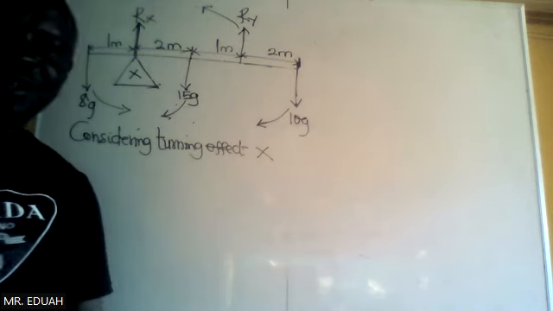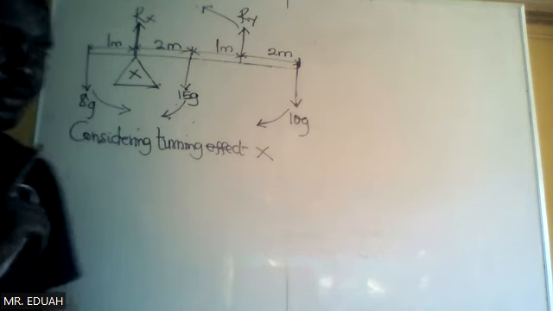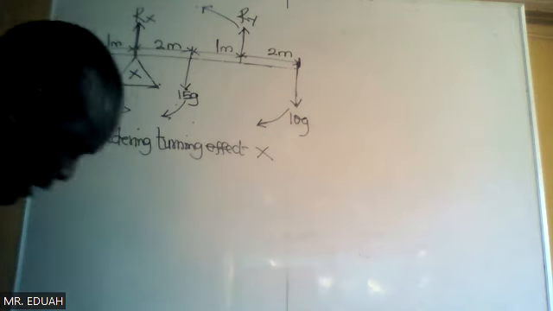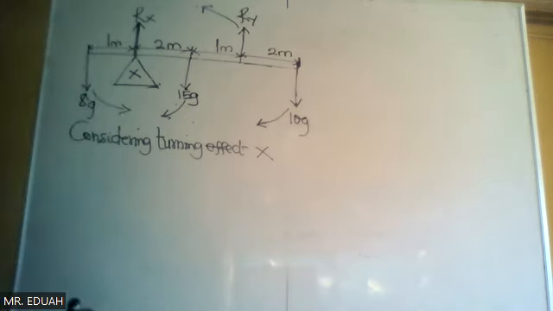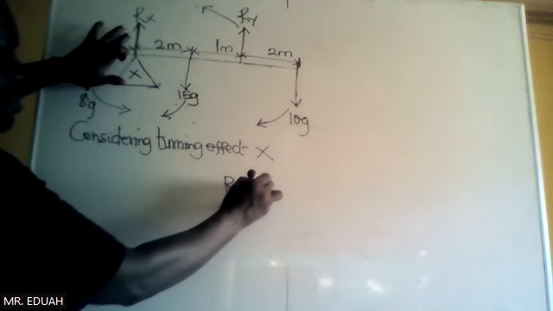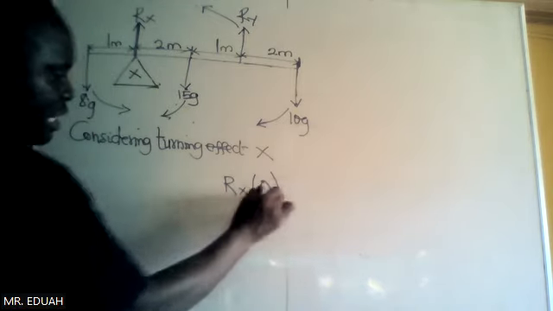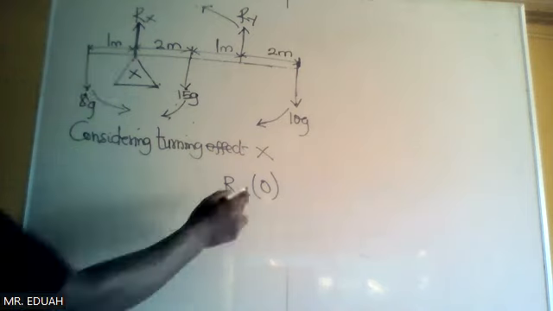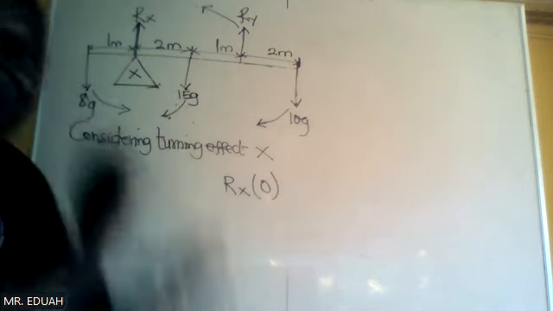Rx will not give us any turning effect. The reason is that turning effect or moment of a force is given by the force times the perpendicular distance. In this case, the force is Rx. But class, what is the perpendicular distance from this pivot? It is 0. And when the perpendicular distance is 0, the torque or turning effect is 0.